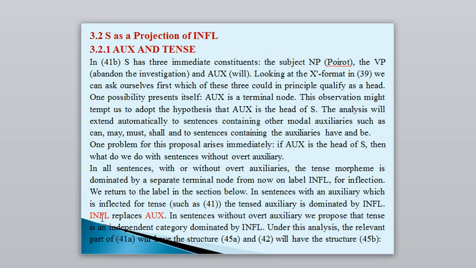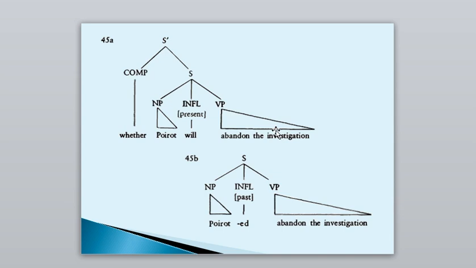You see here in these diagrams, again, whether Poirot will abandon the investigation. Instead of auxiliary here, we can use inflection. Inflection shows, for example, the tense of the sentence. Will has a kind of present tense, you see here. So instead of auxiliary, we can use inflection, for example tense, which shows tense.